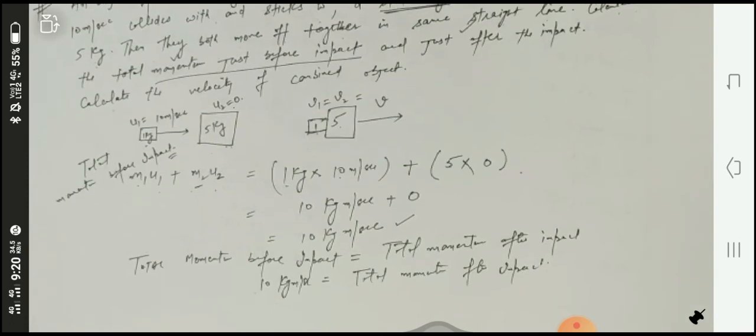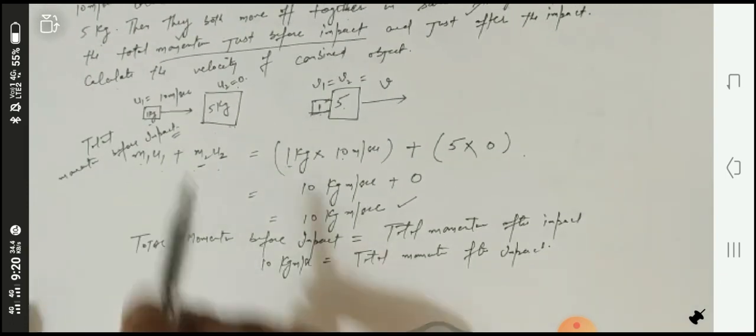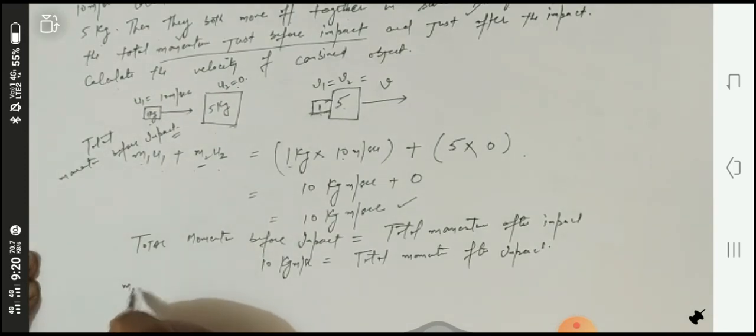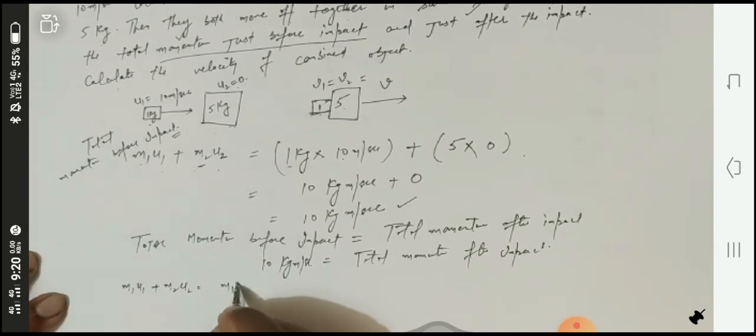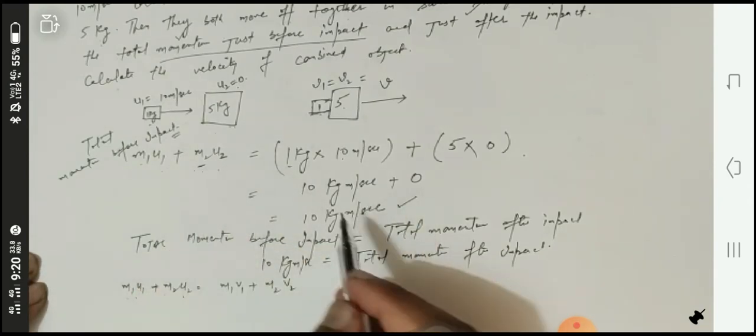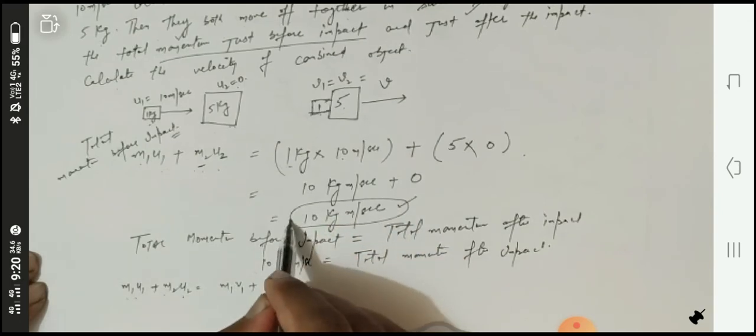Now the next part is, calculate the combined velocity. According to the conservation of momentum, m1u1 plus m2u2 is equal to m1v1 plus m2v2. So m1u1 plus m2u2 is 10 kilogram meter per second.